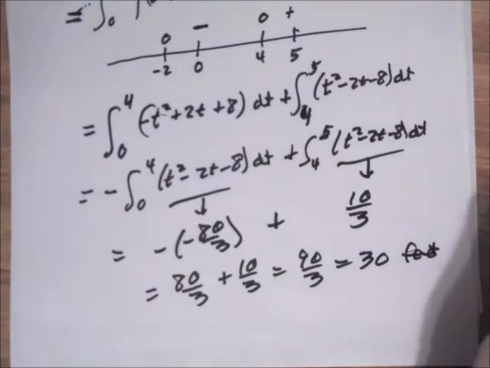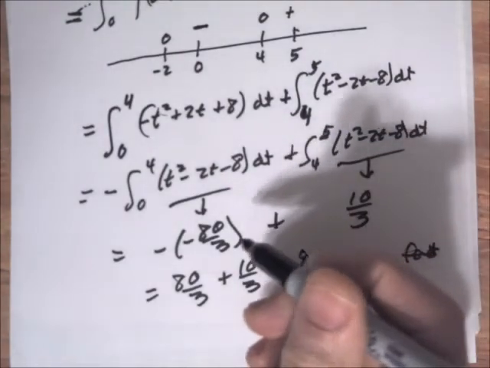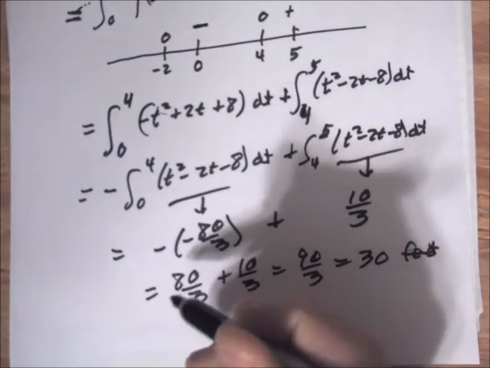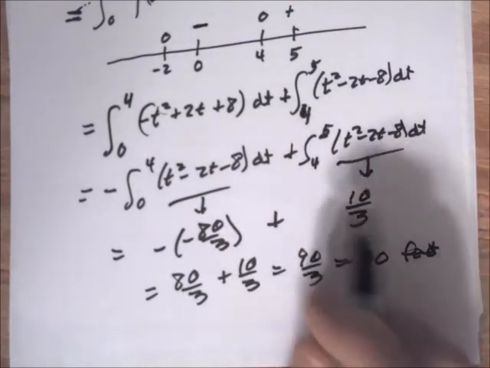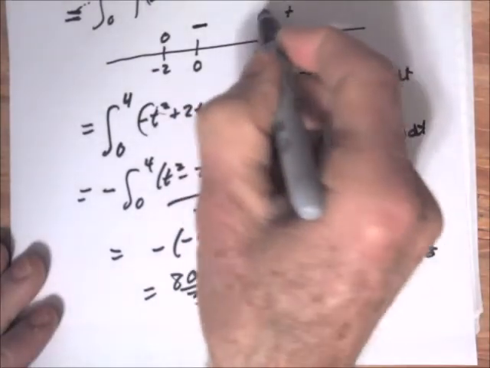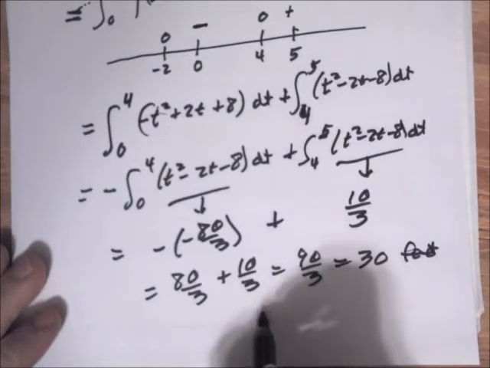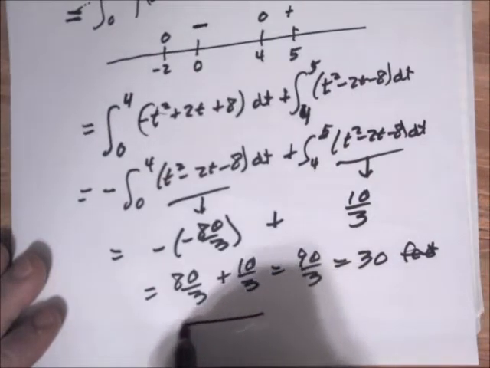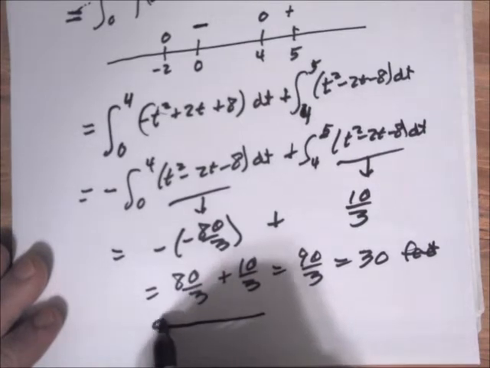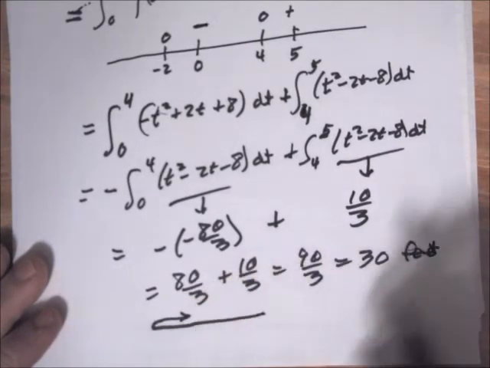So it goes backward 80 over 3 feet, and then it goes forward 10 over 3 feet.